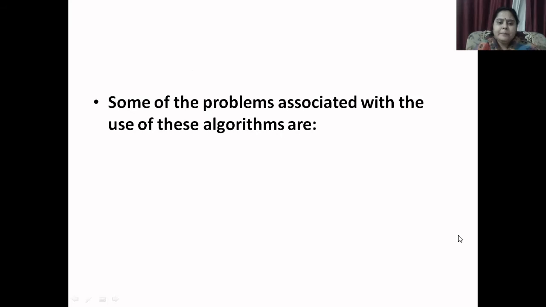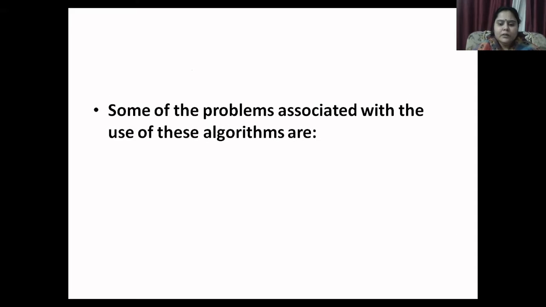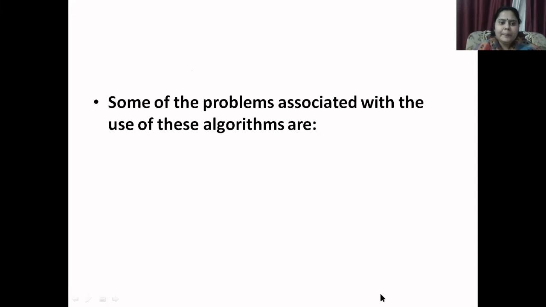Now, see some of the problems associated with the use of these algorithms. The problems are: a large or dynamic group of users cannot use them, because every time a user leaves a group, all others have to switch to a different key to maintain security.